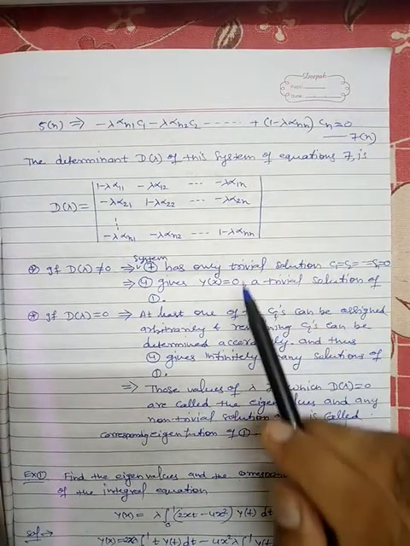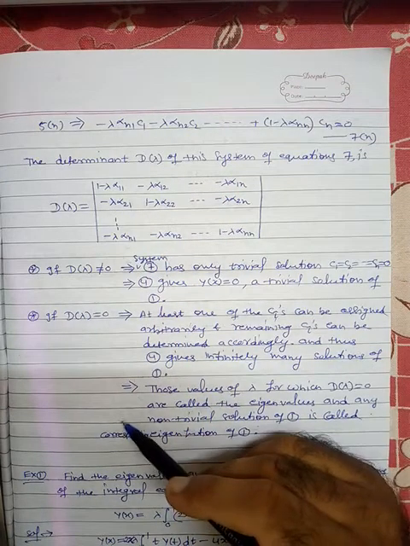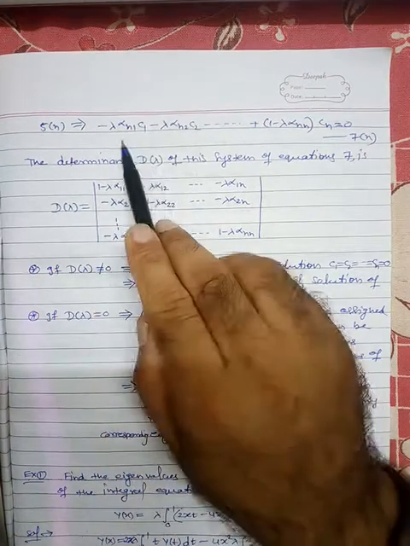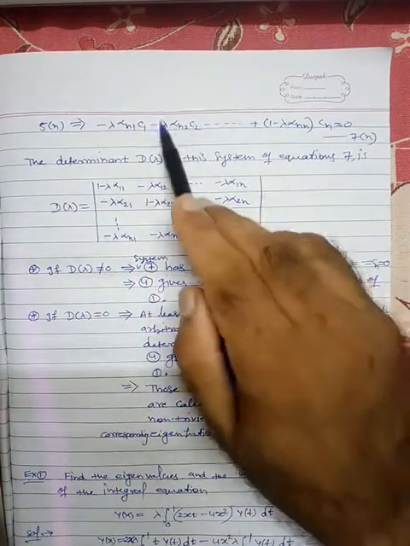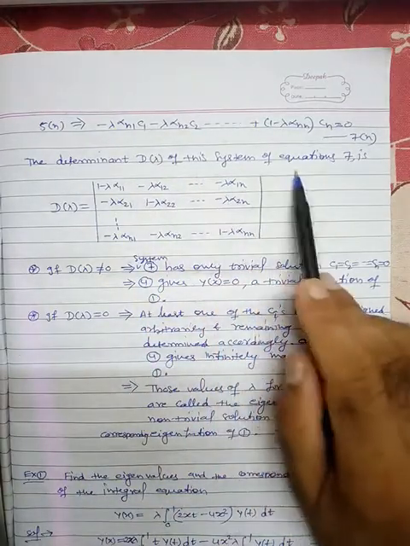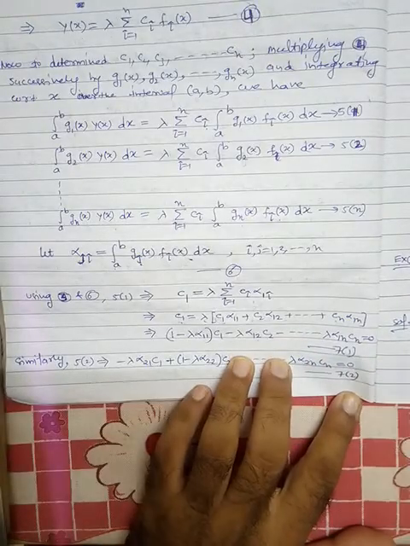Now we will represent these n equations, because our interest is to find c1, c2, cn. So the determinant D lambda, because all these equations depend upon lambda, that's why D lambda of this system of equations. And you will see that these are homogeneous linear equations. They are homogeneous because 0 0 0.